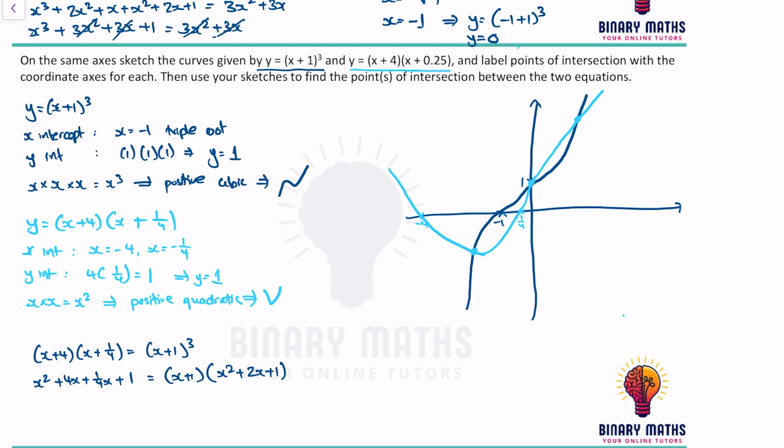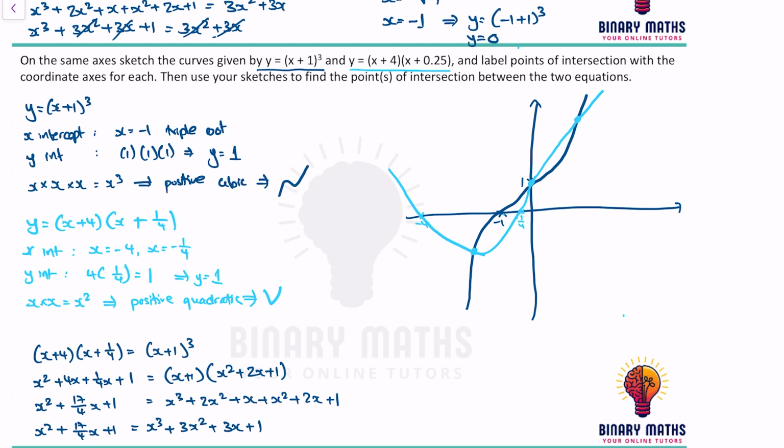If I collect these up, I get x squared plus 17 over 4x plus 1. And if I expand this side, I get x cubed plus 2x squared plus x squared plus 2x plus 1, which means I get x squared plus 17 over 4x plus 1 is equal to x cubed plus 3x squared plus 3x plus 1.